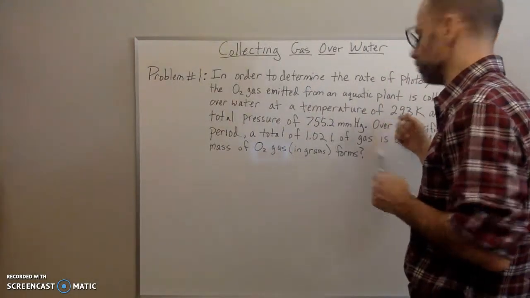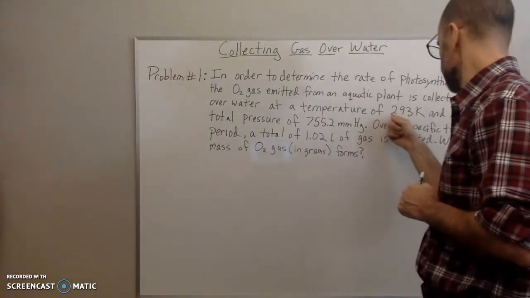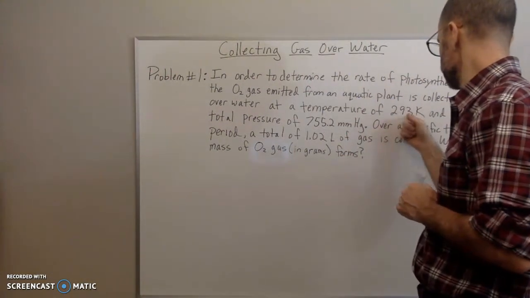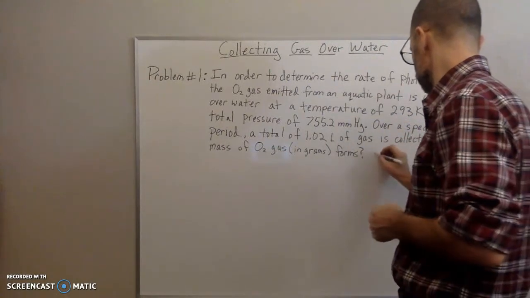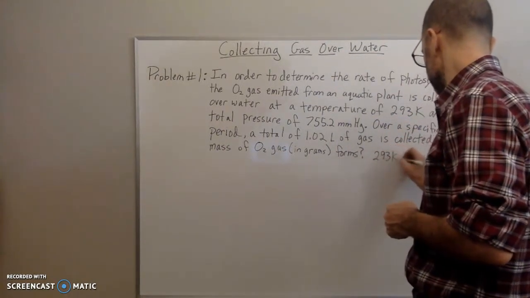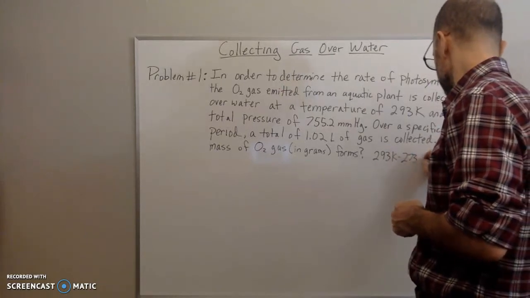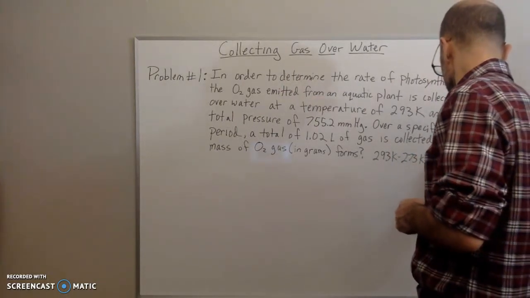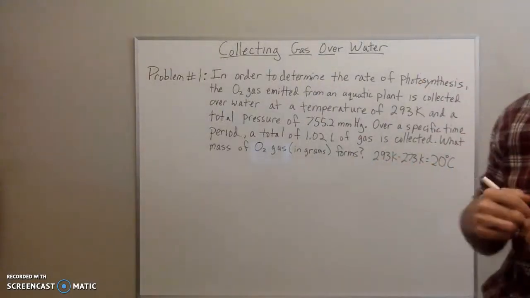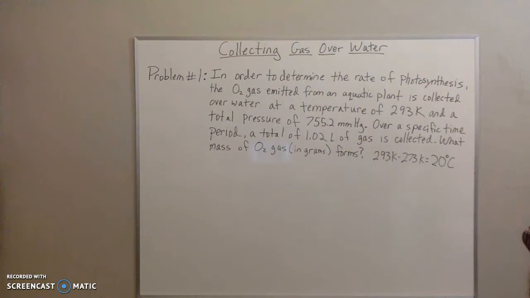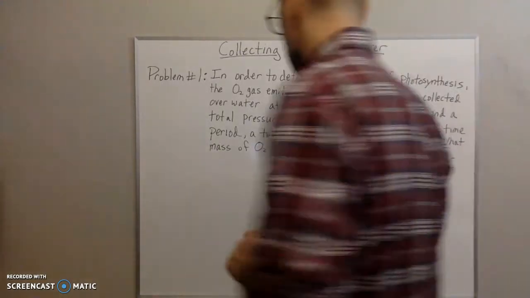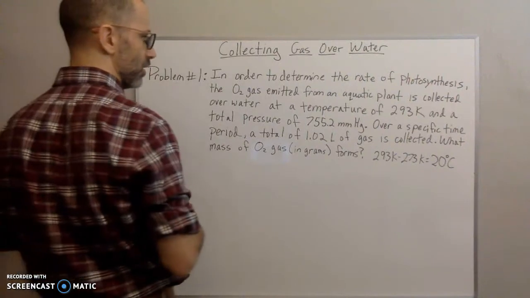The table is in degrees Celsius, so 293 Kelvin minus 273 Kelvin gives you 20 degrees Celsius. You look on the table for 20 degrees Celsius, and on my table it says that the partial pressure of water vapor is 17.55. So 17.55 is the water vapor pressure.